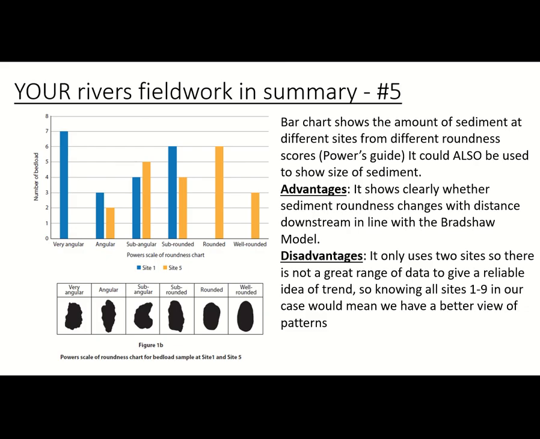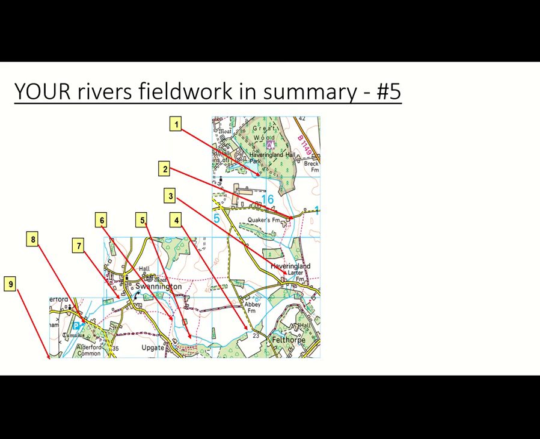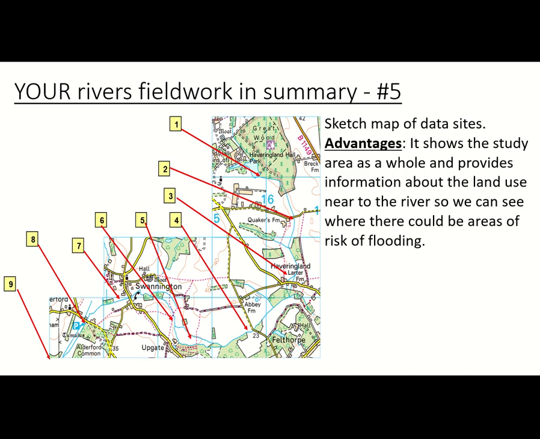It's really important. Okay, and the final way that we presented our data was using a sketch map. So this isn't a sketch map, I know, but you created a sketch map from this OS map extract. Now a sketch map is good because it shows the whole study site, gives you loads of information about what's next to the river, the land use next to the river, the sort of land type, like is it flat, is it steep, the buildings nearby that are at risk of flooding.